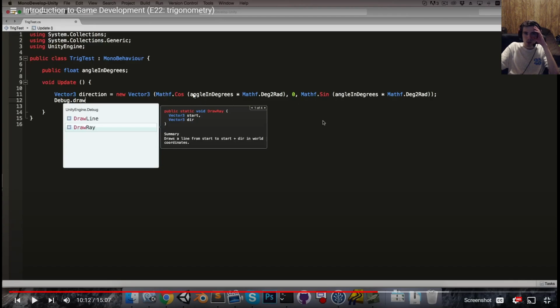Like if I did x equals 1, so direction 1, 0, 0, it would draw it out forward, right? Or in the x direction, it would draw it out to the right. Am I missing something? Wouldn't it draw it out to the right?